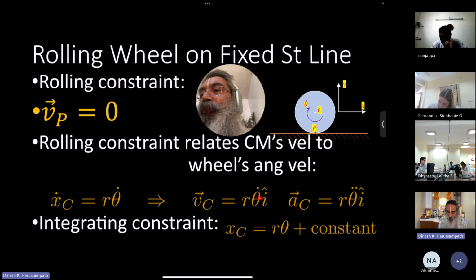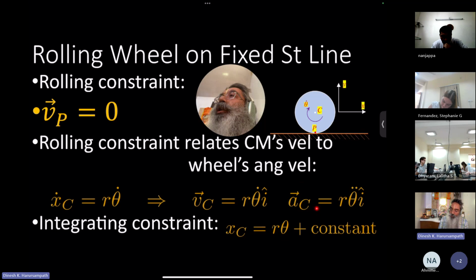And in fact, we would not even need the velocity any further when we get into the kinetics. It's only the accelerations that will be needed along with, instead of mass, we'll have inertia, and then we will be dealing with the angular velocities and the angular accelerations. So the angular acceleration, namely theta double dot, will be associated with a particular moment of inertia.